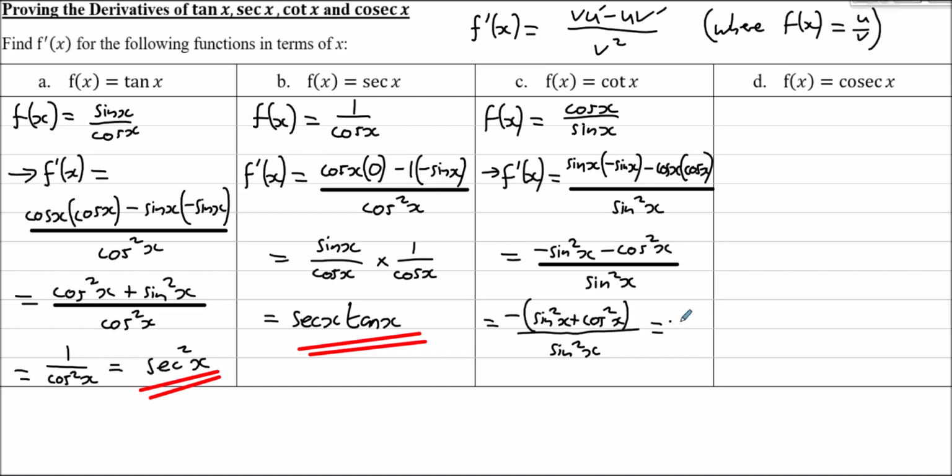So we're going to have minus 1 all over sine squared of x. 1 over sine is, of course, cosec. So 1 over sine squared is going to be cosec squared. Don't forget the minus. So it's actually going to be minus cosec x squared. In other words, cot of x differentiates to minus cosec x squared.